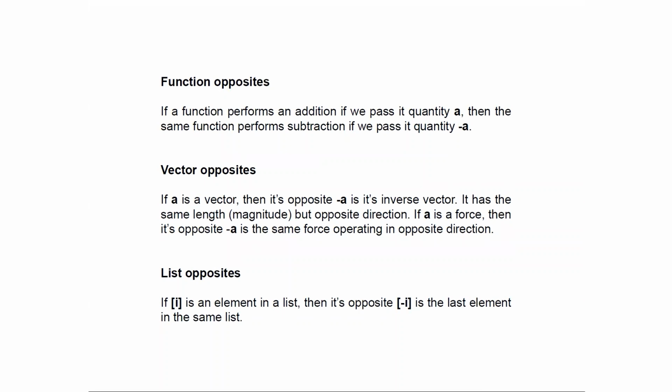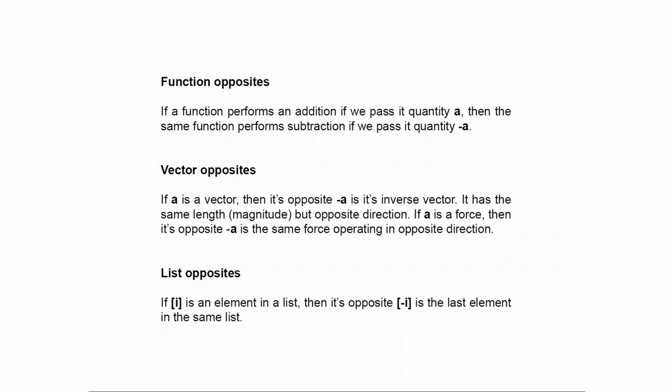So we can talk about function opposites. If I have a function a, then minus a would be the opposite, that is the function that undoes the operation that function a does.